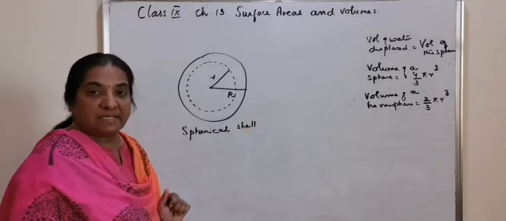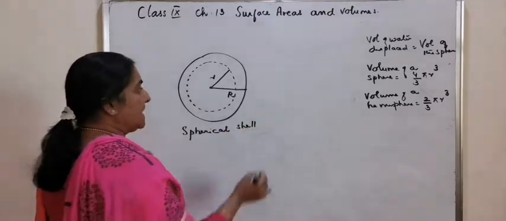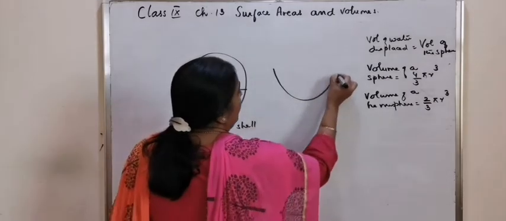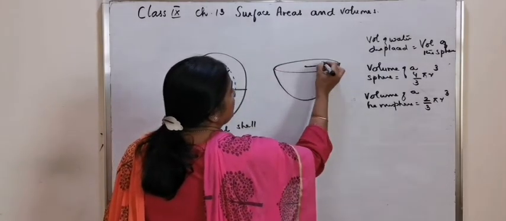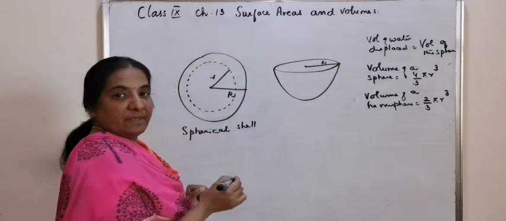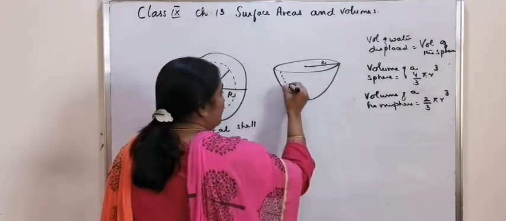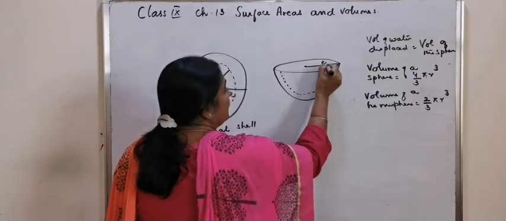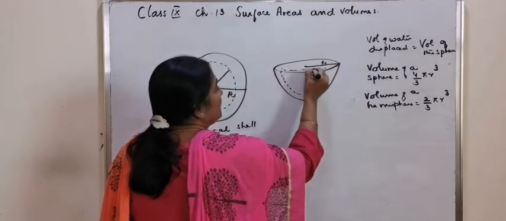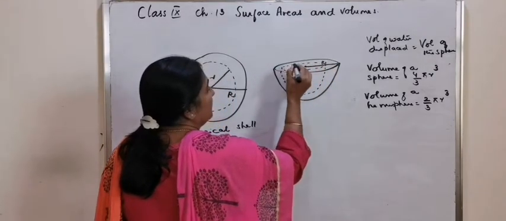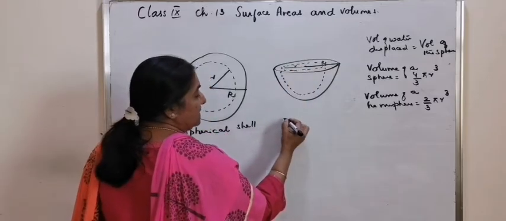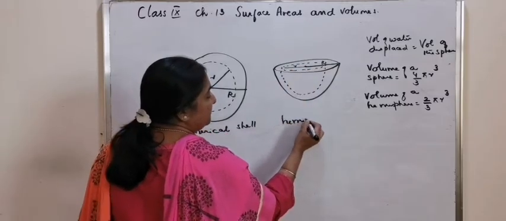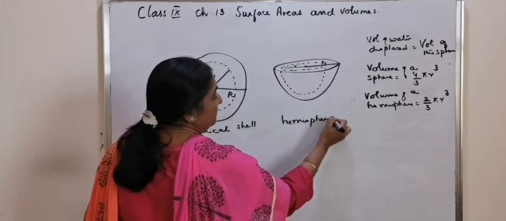In the same way, when you have a hemisphere of radius capital R and you remove an inner hemisphere with a radius small r, the remaining solid is called a hemispherical shell.